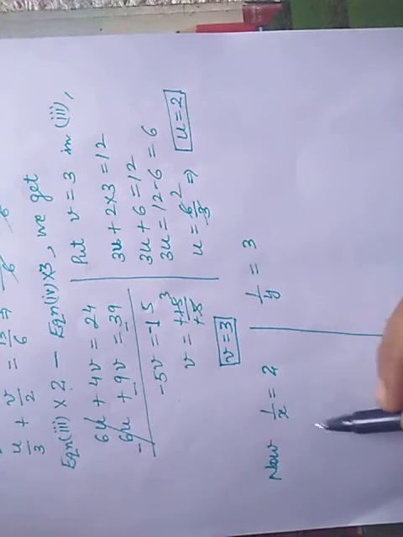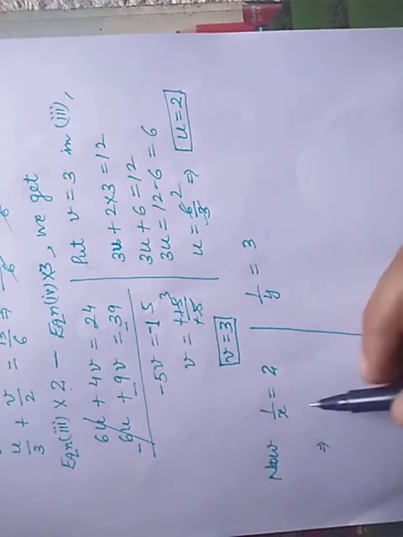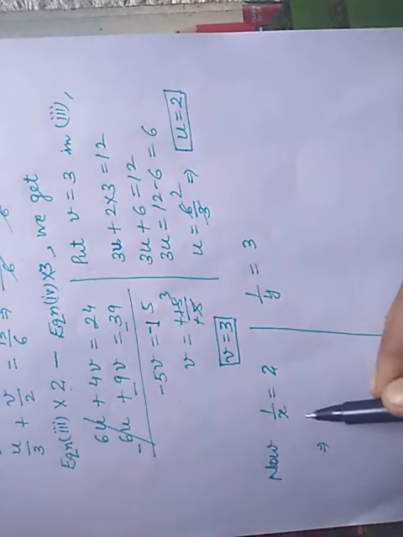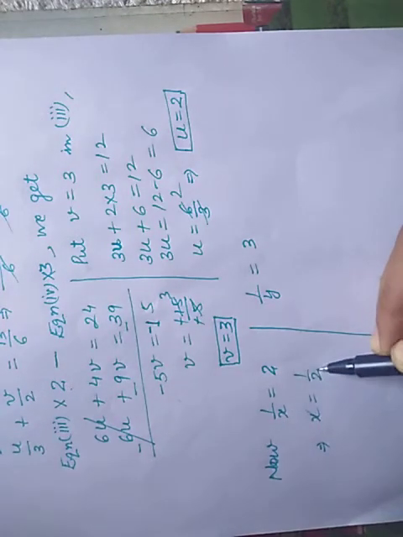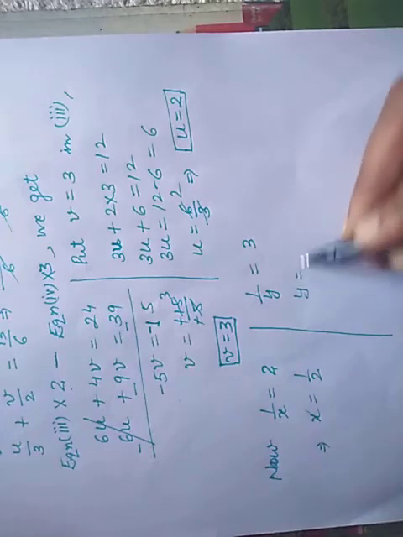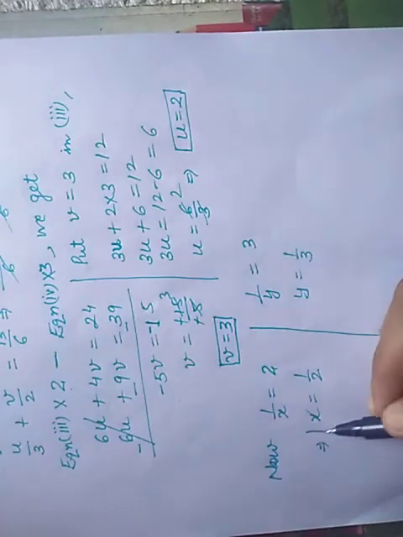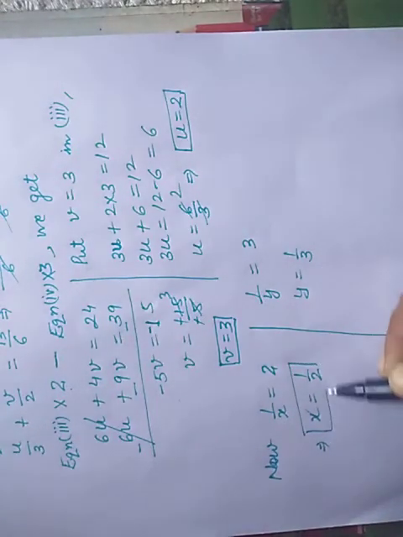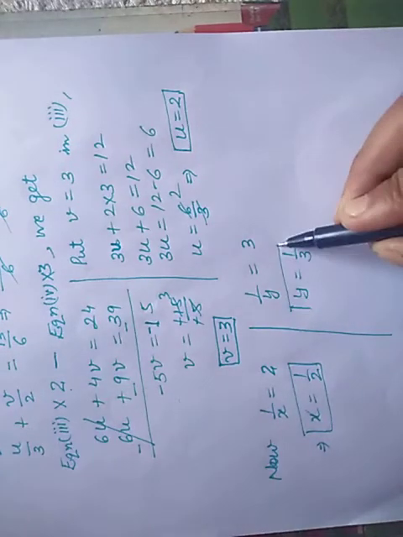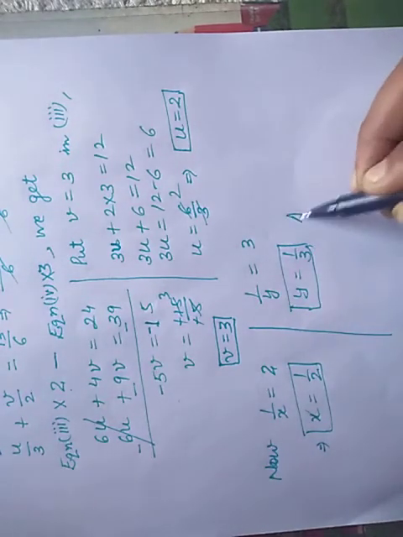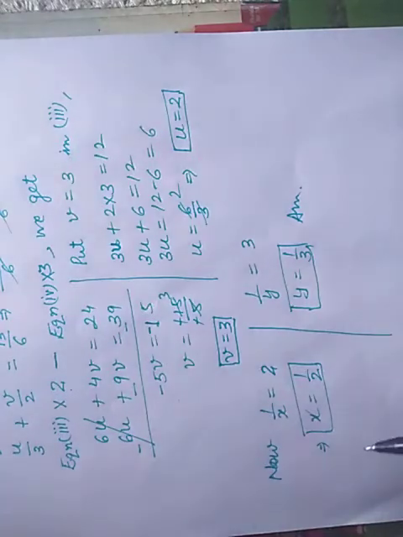Okay, we will get x will be equal to 1 upon 2, and y will be 1 upon 3. So x = 1 upon 2 and y = 1 upon 3 is the required answer of first question, first part of first question.